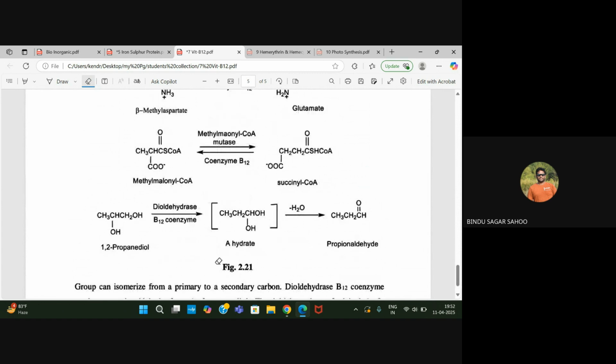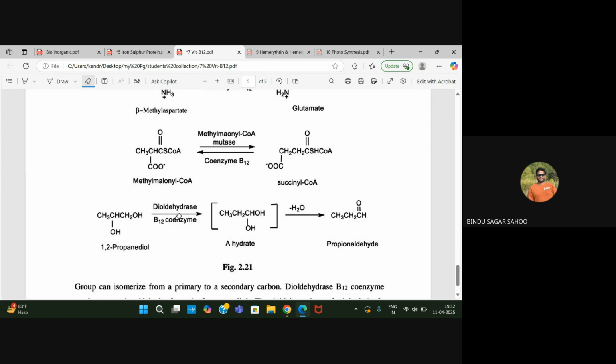We can see here the B12 coenzyme present at the 2 position. This OH group will shift towards 3. That means with respect to the 1,2 rearrangement, if this is position one and this is position two, there will be shifting of one hydrogen to here, and this OH group shifted to here.